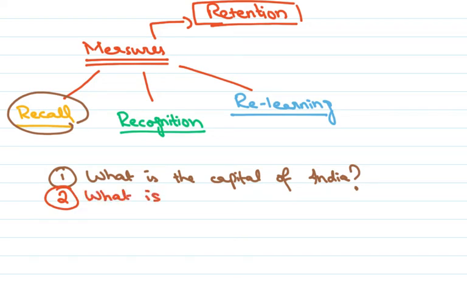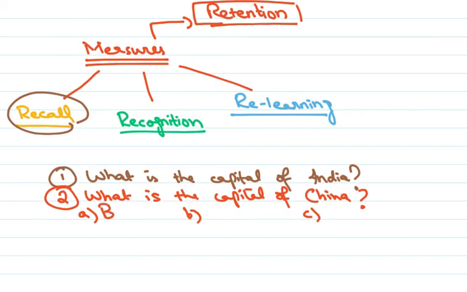On the other hand, if I give you a question which looks like this: What is the capital of China, right? And I give you certain options. The first option is something like Beijing.